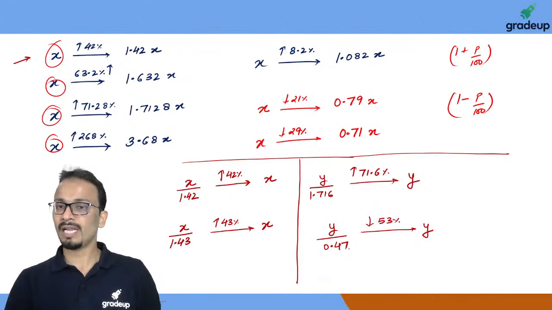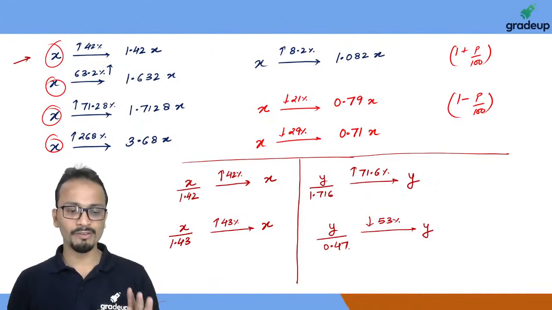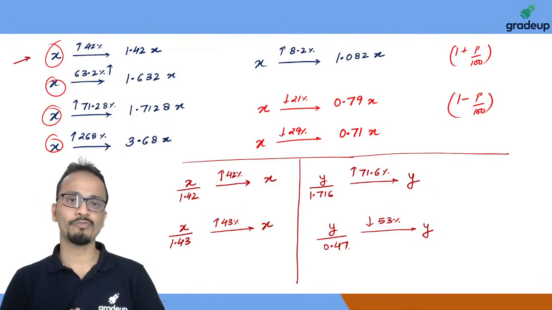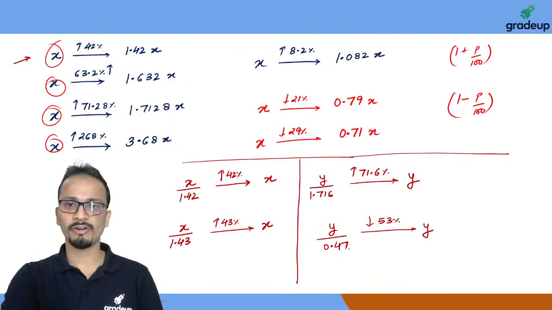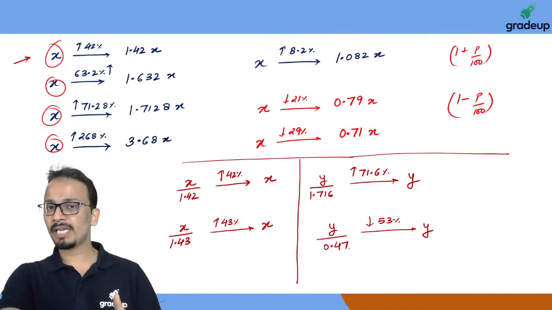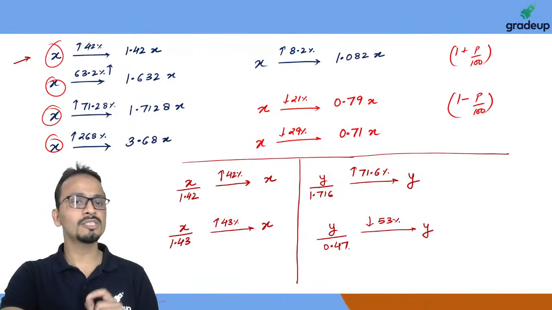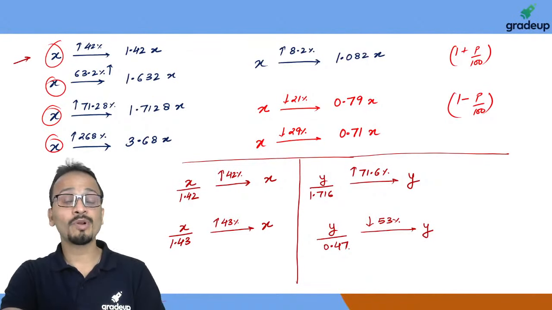Guys, if you understand this and start applying it, it will make life very easy for all of you. Just look at this fact properly. The application I will be looking at later on. The best application of these things will be when you start solving the questions of profit and loss.